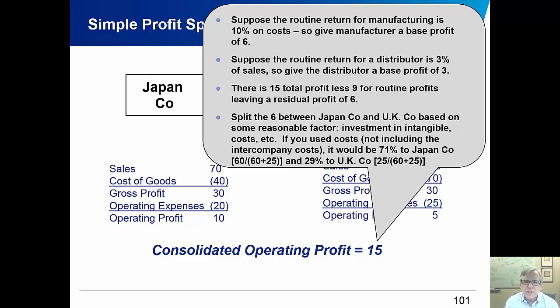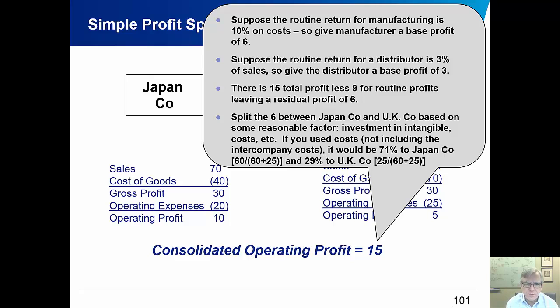Now, how are we going to split this 6? Well, we need to pick some reasonable factor. We might be looking at something like the investment each one has made in developing an intangible, or costs or assets, etc. In this case, let's just use cost. And if we're using cost, we don't want to include the intercompany cost. So we'd say in Japan Co., they have costs of 60.